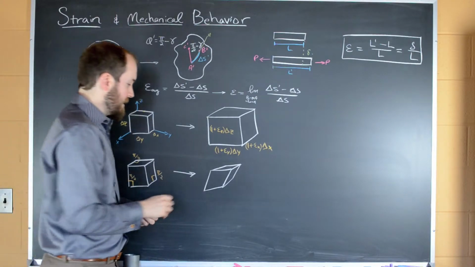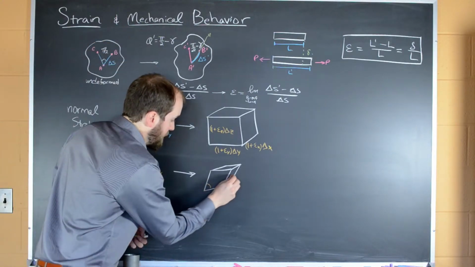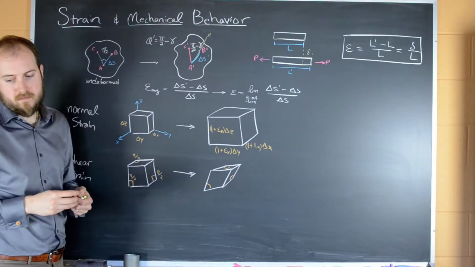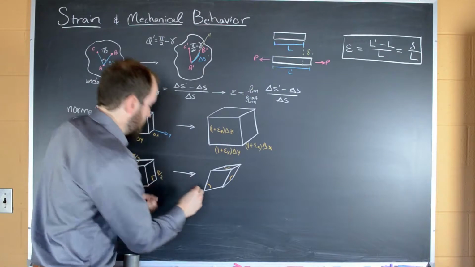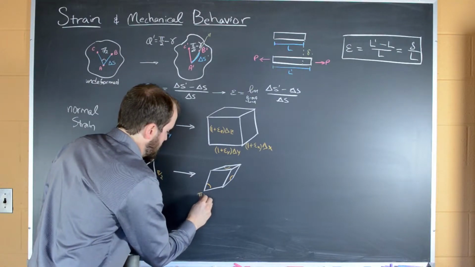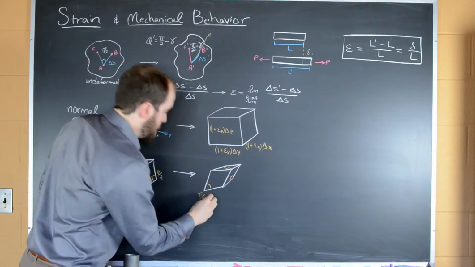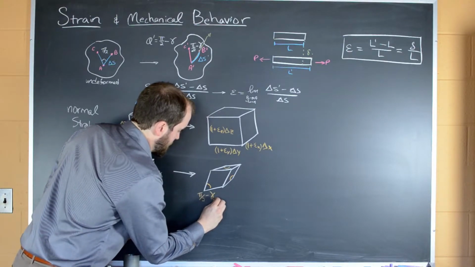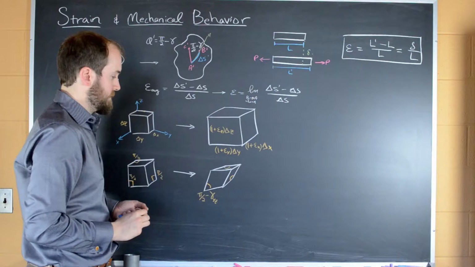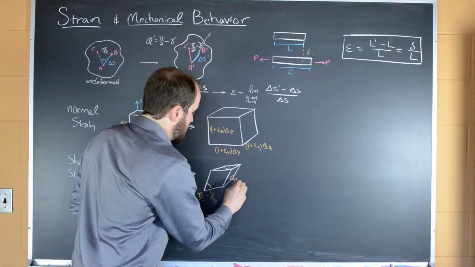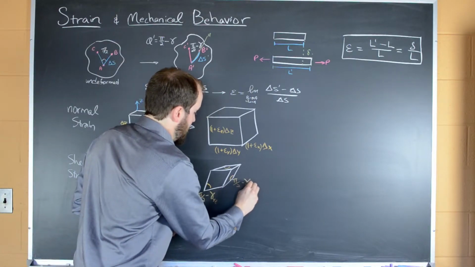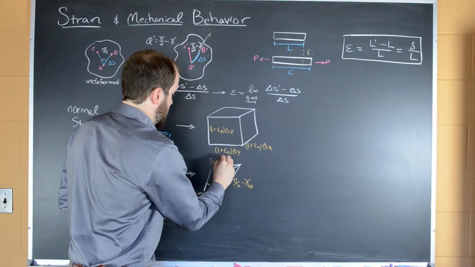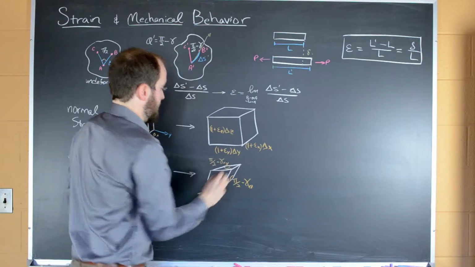And so now we can go back and look at these angles again. And so what happens here is this side was initially pi over 2, and we're subtracting some shear strain, gamma yz, pi over 2 over here, minus gamma xz, and pi over 2 over here, minus gamma xy.